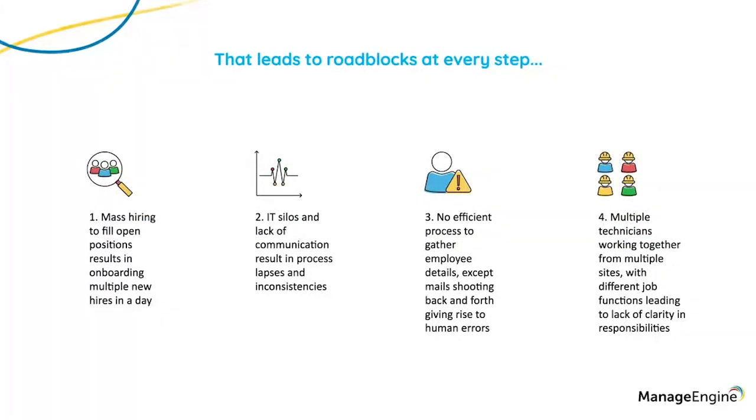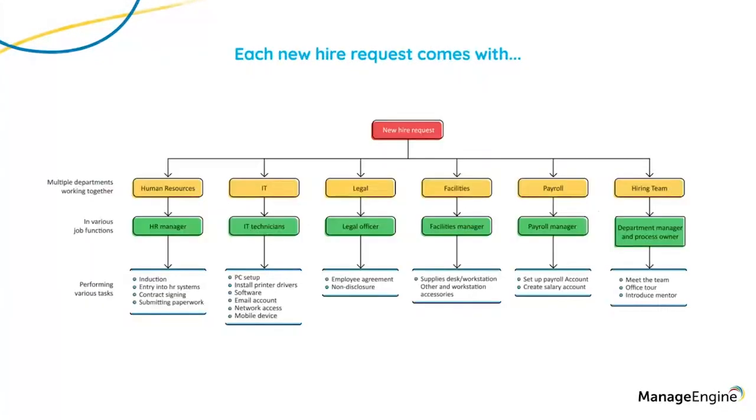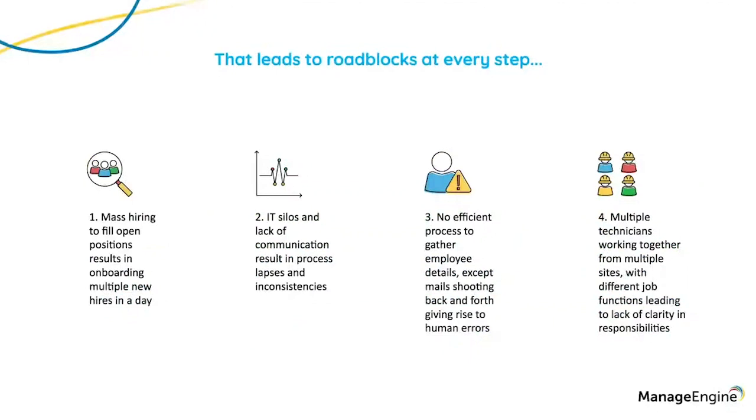Like, if HR and legal and payroll are all working in silos and not communicating with each other, and there's no way in which you can keep track of which task has been completed when and how, we are heading into a lot of trouble. And then there is no process to gather all the data also.